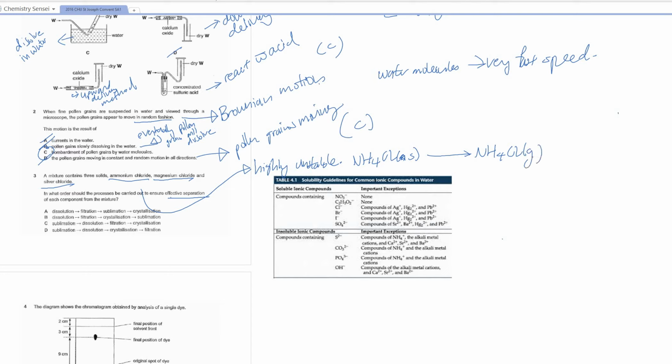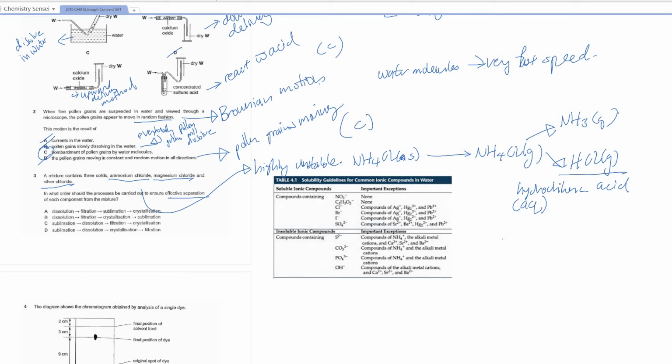Once ammonium chloride reaches the gaseous state, it would decompose readily to form ammonia gas and hydrogen chloride gas. I read this as hydrogen chloride instead of hydrochloric acid because it only has its acidic property when it is dissolved in water.